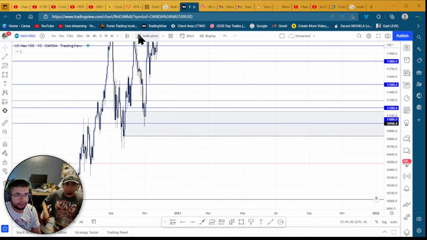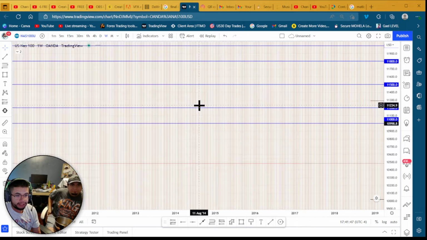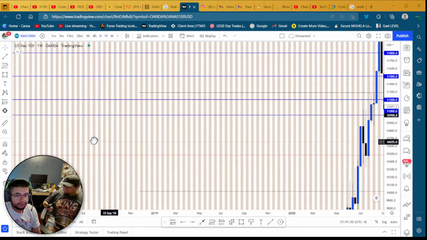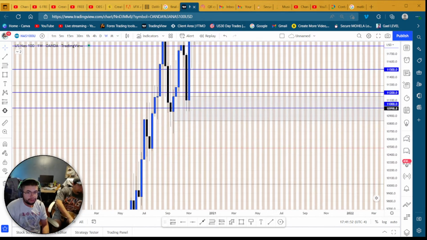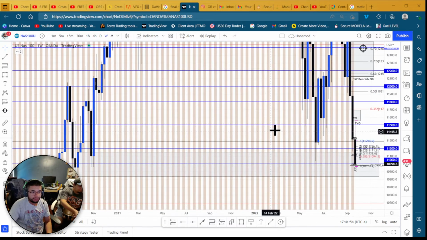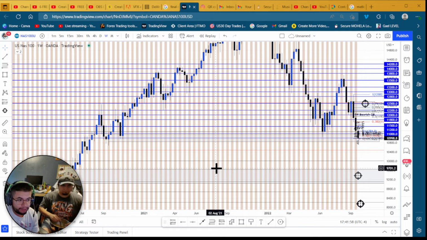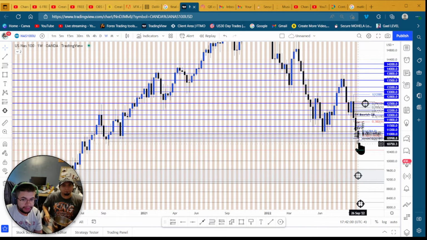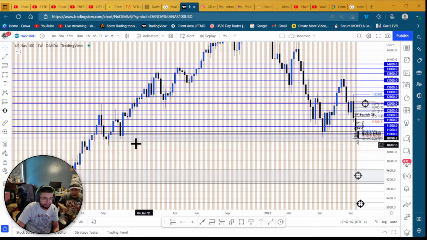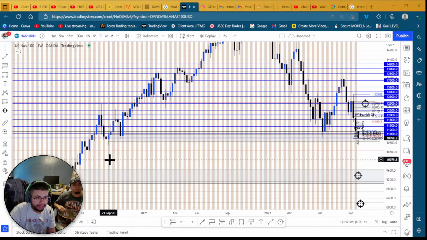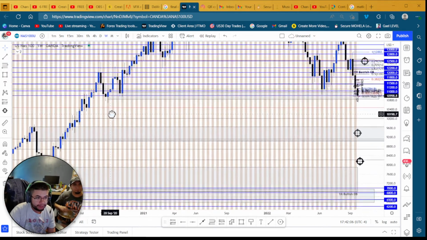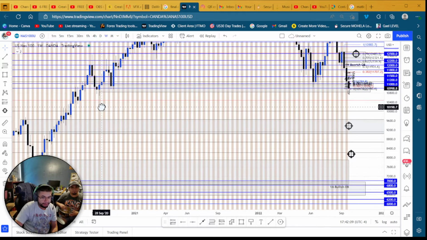Well, I'm going to have to go to weekly actually, guys. Yeah, the weekly's a lot more clear. Now, since it's breaking through these areas right here, it's now going to have to go to one of two places that I see.